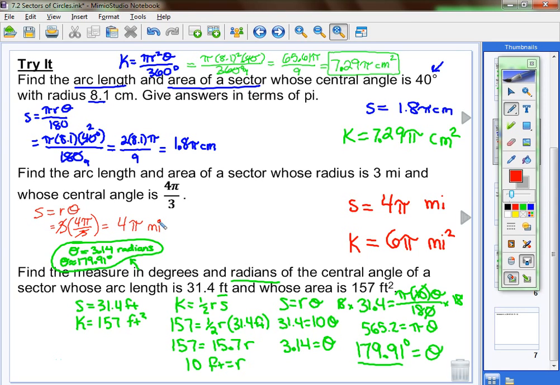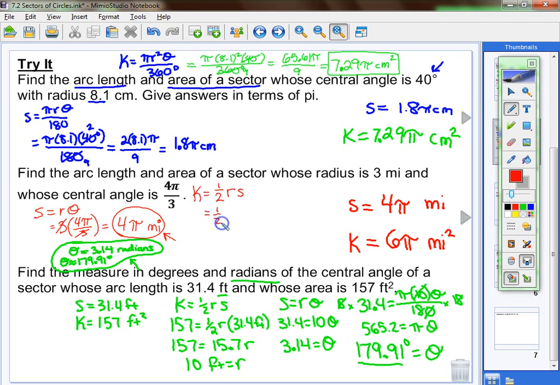You could find that in decimals, but because it gives us such a nice clean answer like 4 pi, we'll leave it like that. And then area equals half times the radius, and since we know the arc length, and since it's such a nice number, we'll use half times the radius times the arc length.